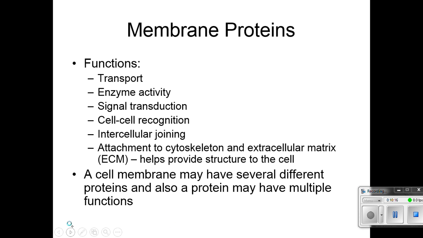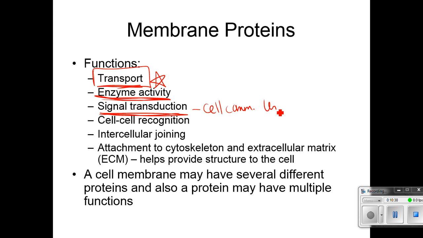What are some of the functions of the membrane proteins? They help to transport. That's the big one we're going to be focusing on in this particular unit. They also play some important roles in enzyme activity. Signal transduction, that's more cell communication in Unit 3, and then again in Unit 6.